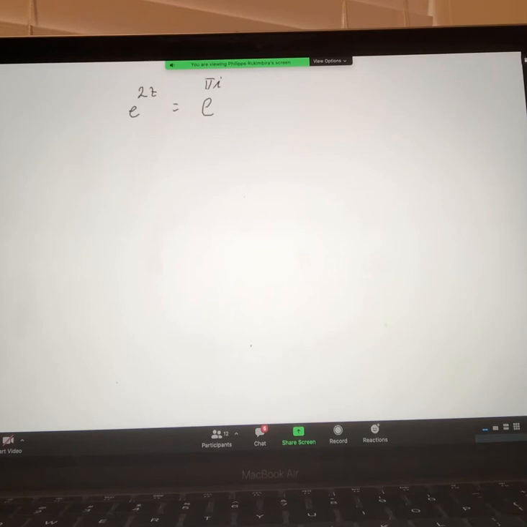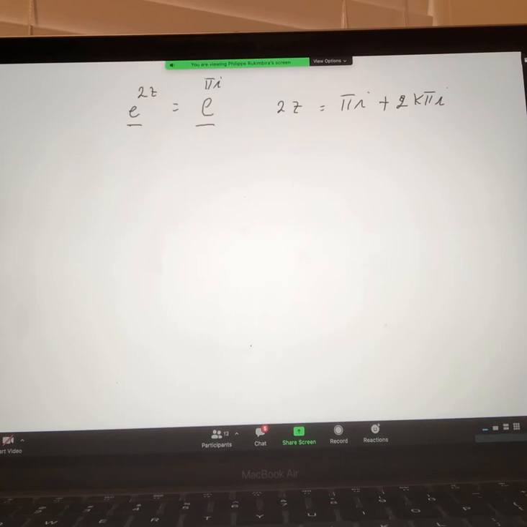Right. Remember what this means. If you have this, it means that 2z must be pi I plus 2k pi I, any multiple of 2 pi I, because exponential of 2 pi I is 1.